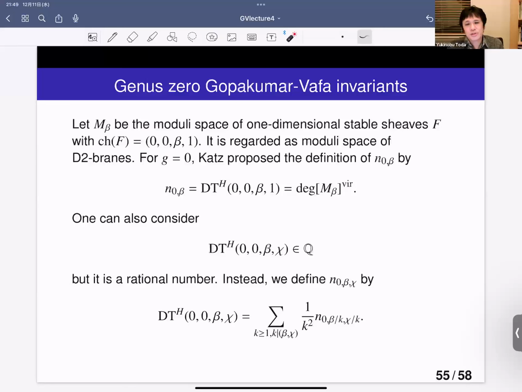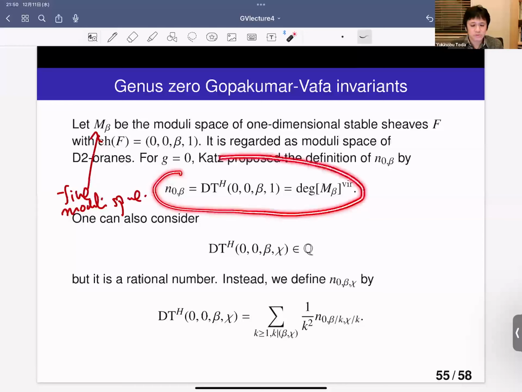The choice of this Chern character is just for conventional reasons, because for this choice the moduli space M_beta is in fact a fine moduli space. Therefore, we can define the integration of the zero-dimensional point class. So Sheldon Katz defined the genus zero Gopakumar-Vafa invariant in this way.